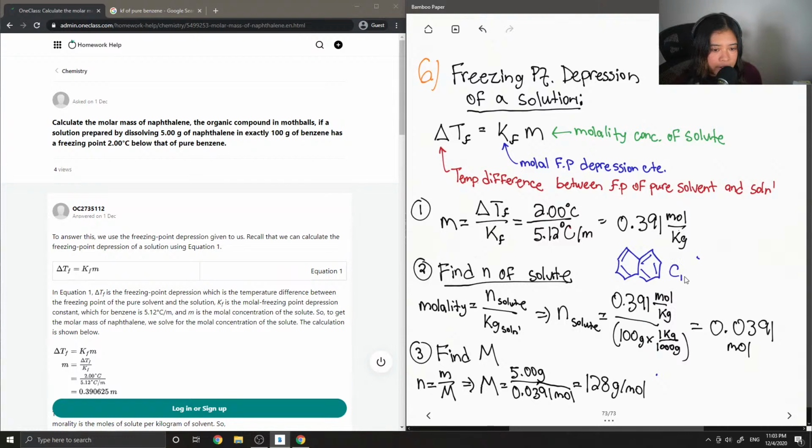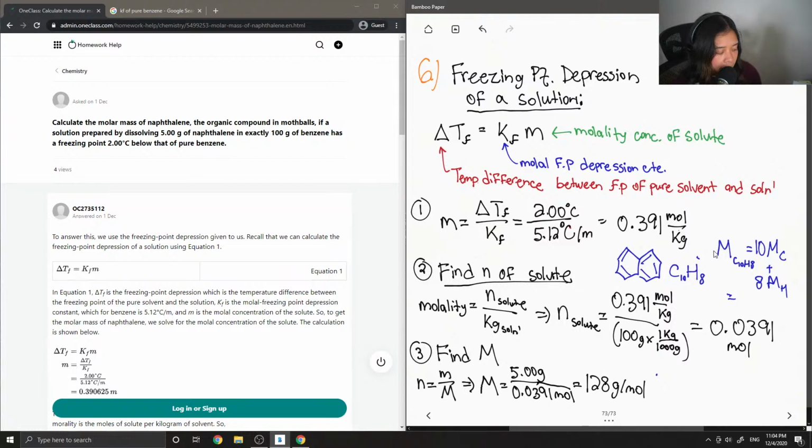And its structure is C10H8. So if we were to find the molar mass of naphthalene, it would be equal to 10 times the molar mass of carbon plus 8 times the molar mass of hydrogen.